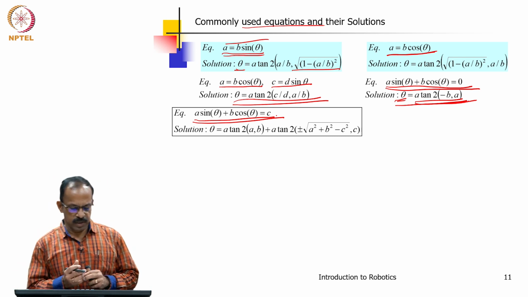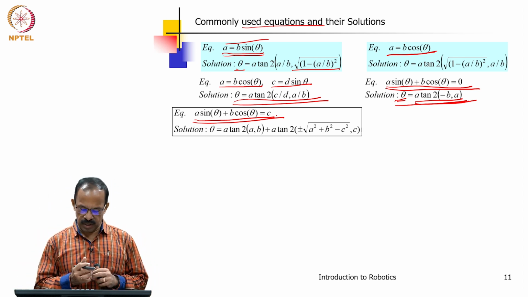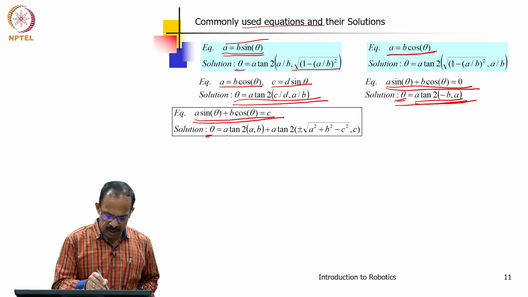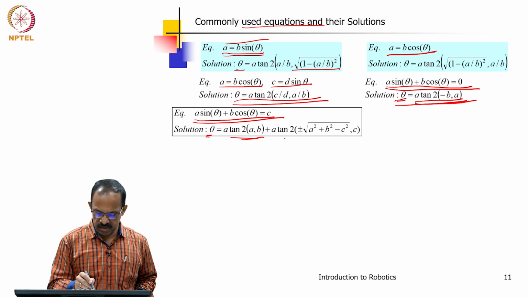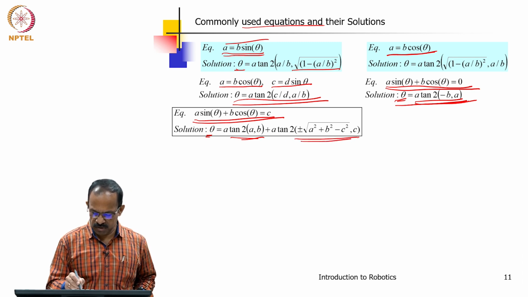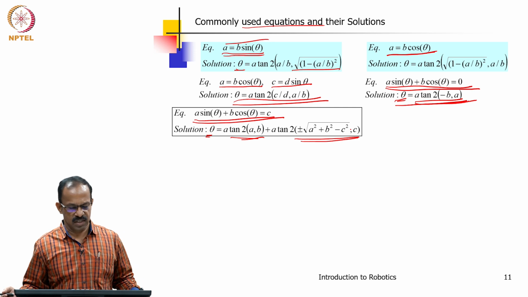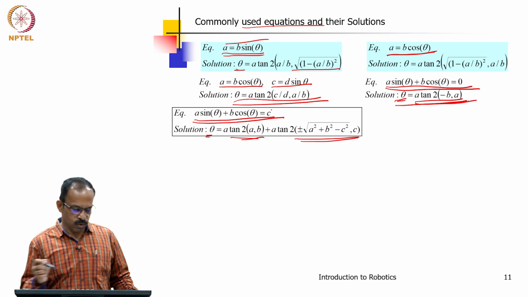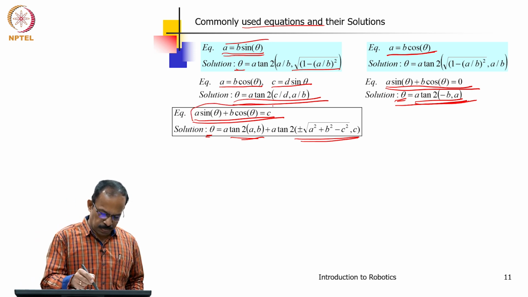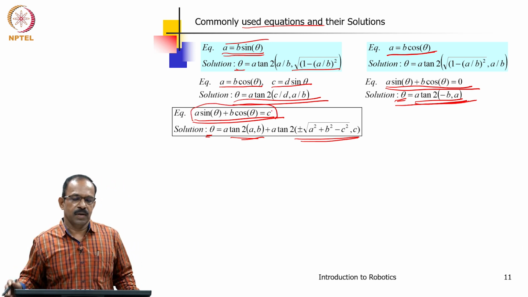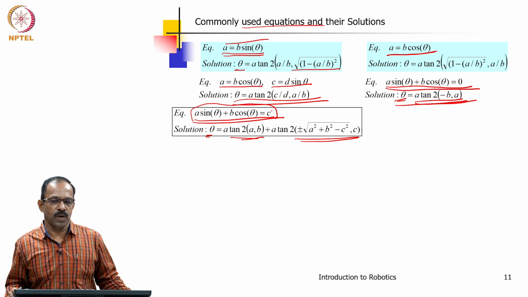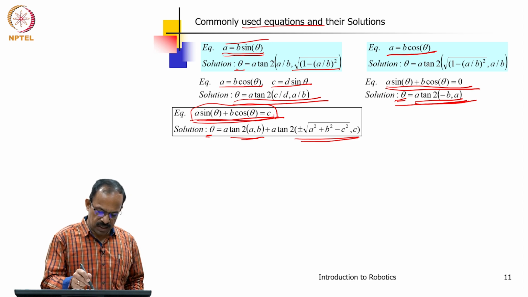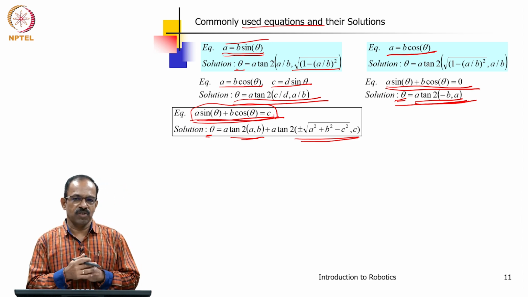Another important formulation is a sin θ + b cos θ = c. This is a standard equation. Then the solution will be θ = atan2(a, b) + atan2(±√(a² + b² − c²), c). So, whenever you see an equation like this, or whenever your inverse problem comes up and you can bring that equation into this format, then you do not need to really go for substitution.